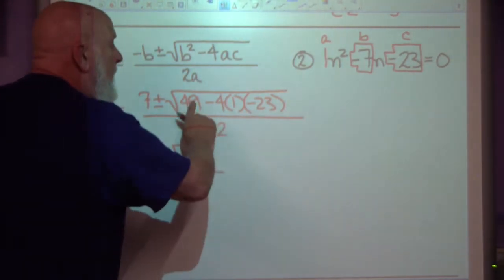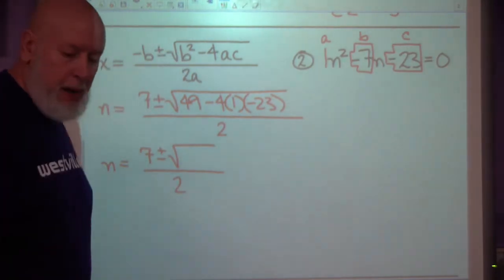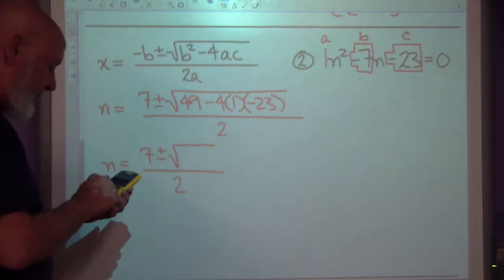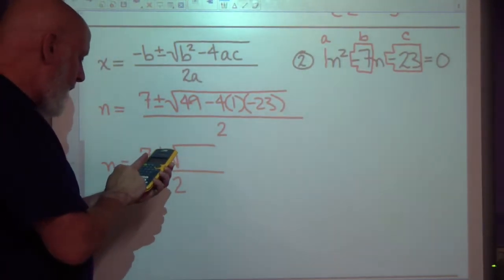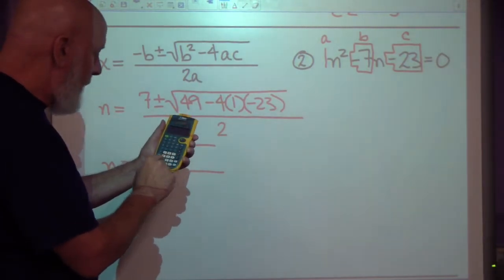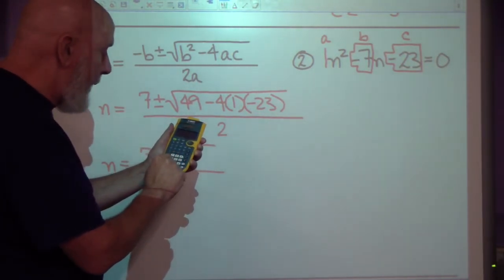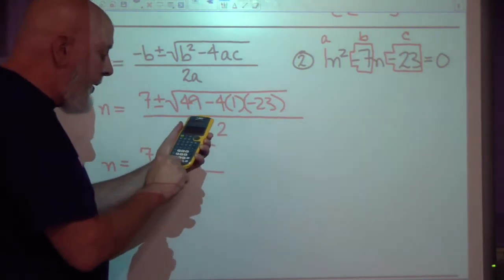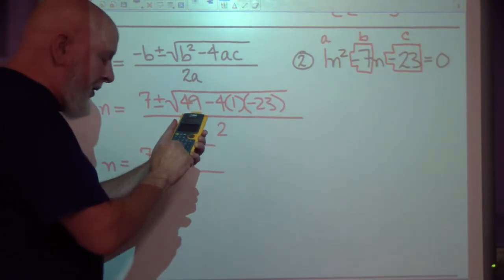I'm just going to figure out what this is, simplify it a little bit with my calculator. 49 minus 4 times 1, which is 4, times negative 23.